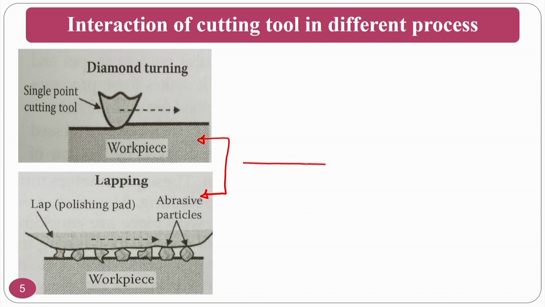You will get feed marks on the surface, because in both conditions you will have contact of your tool with the workpiece. In the diamond turning process, you can see the contact with the workpiece. Because of this, you will always get feed marks.